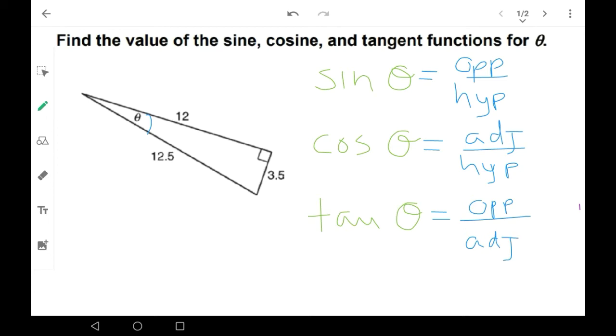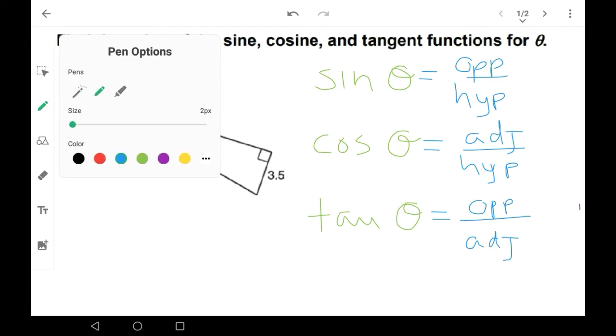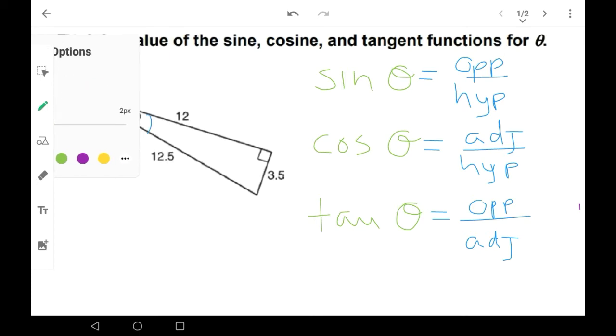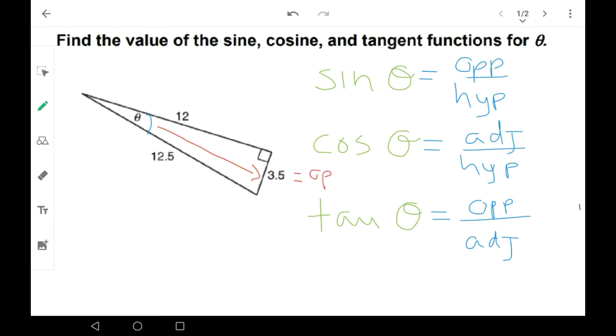Okay, so what we have to do now is to find out which side is opposite, which one is hypotenuse, and which one is the adjacent. Since here is my angle, the opposite side would be here. So we can say that 3.5 is the opposite, right? And which one is the hypotenuse?